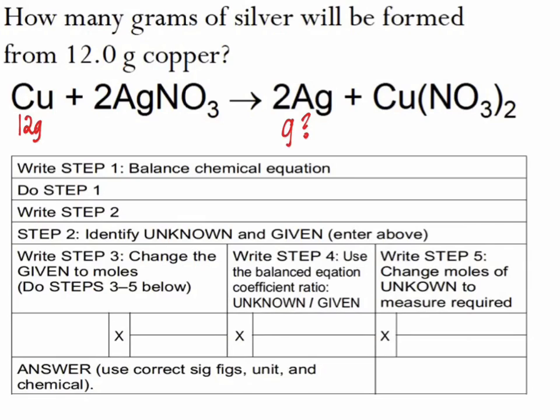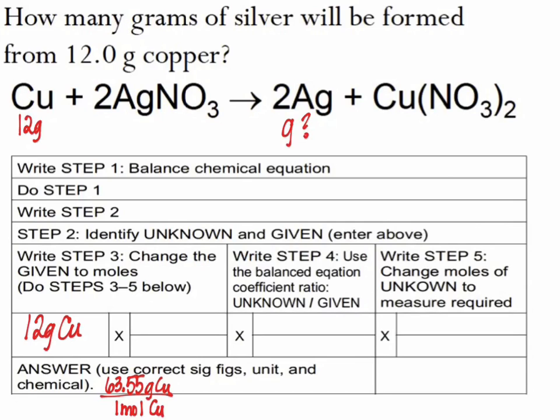So the first thing we're going to have to do is write what we have: 12 grams of copper. So we need to change that to moles. So how am I going to change grams to moles? Molar mass. And the molar mass of copper is 63.55 grams of copper, and that's over 1 mole of copper.